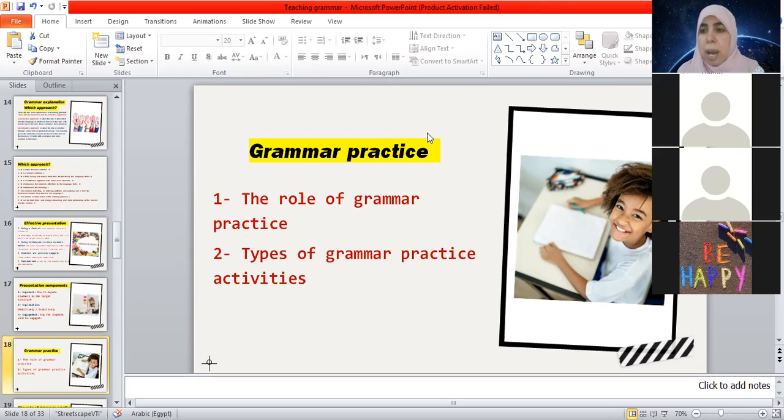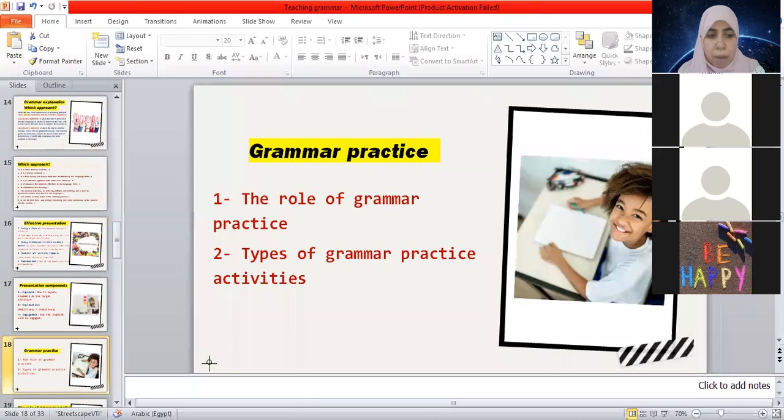So I can make sure that our students can understand the grammar structure or grammar item. Yes, to convey my explanation to students. I check that my students got my explanation or not. Could I convey the message or not?